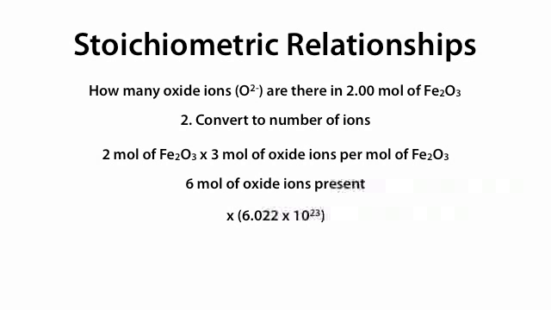We can multiply the moles of given oxide ions, or molecules, or elements of anything by 6.022 times 10 to the 23rd, which is Avogadro's number, to get the number of ions, or elements, or molecules. In this case, we're multiplying 6 moles of ions, and we get 3.613 times 10 to the 24th oxide ions.